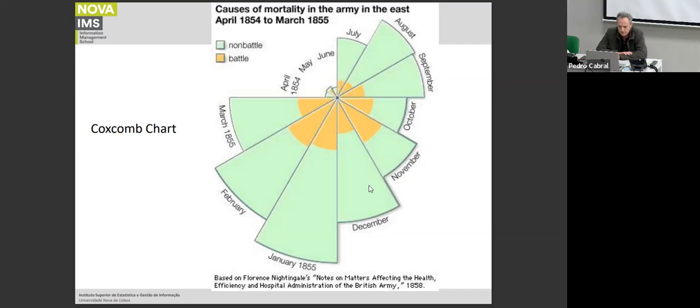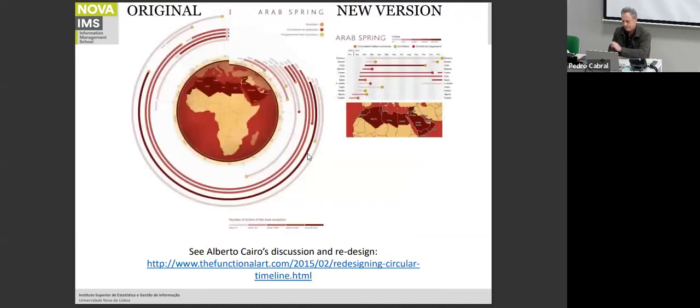And we can read this throughout time and see the progression. But it's very difficult to compare the size of the areas of each slice. Okay, so it's good to tell a cyclic story because it's cyclic data we're talking about here, but it's not so easy to be accurate in the values that are depicted in this representation. Okay.